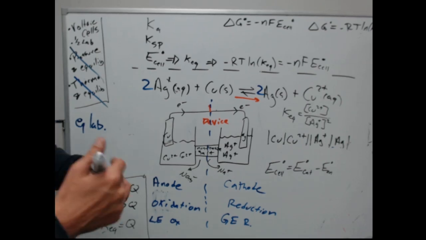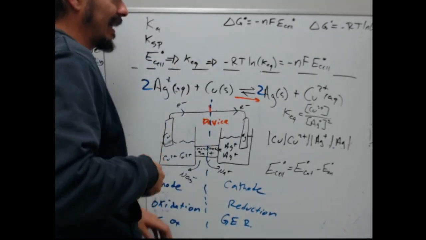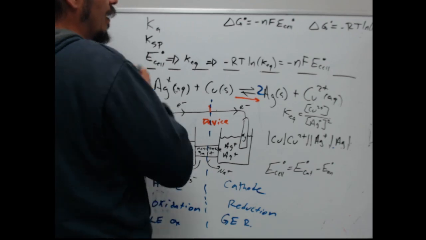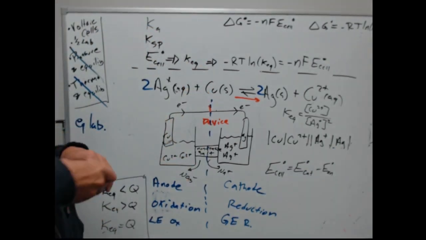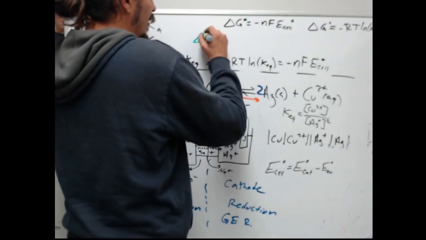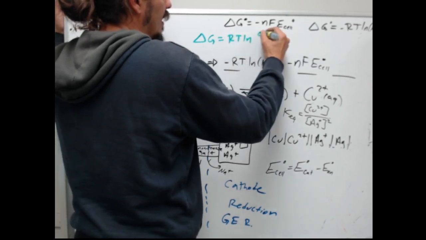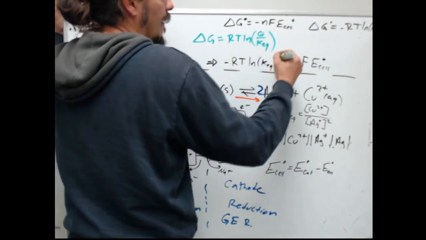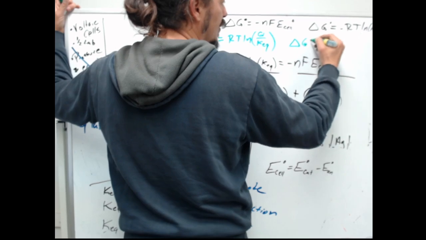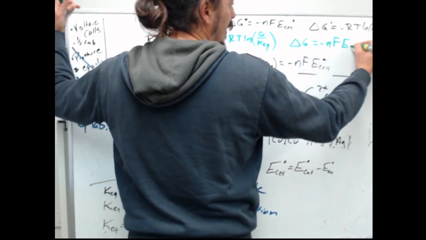The other thing we can do is relate this. I'm going to switch colors because it's getting crowded up here. Let's do it in green, I haven't used green yet. We can also have delta G equal to RT ln Q over KEQ, and delta G equal to negative NF E cell.